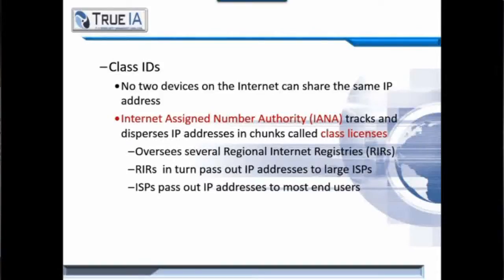So keeping in mind that no two devices on the internet can share the same IP address, an organization called IANA, or the Internet Assigned Numbers Authority, tracks and disperses IP addresses in chunks called classes. It oversees several regional internet registries, and in turn, it passes out IP addresses to the larger ISPs, like Comcast.